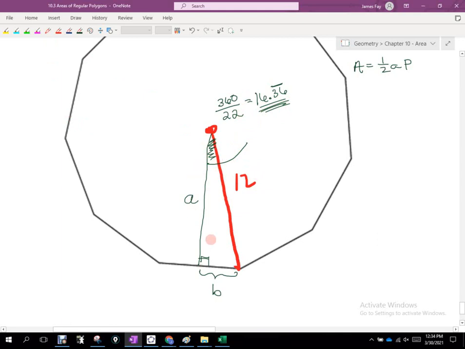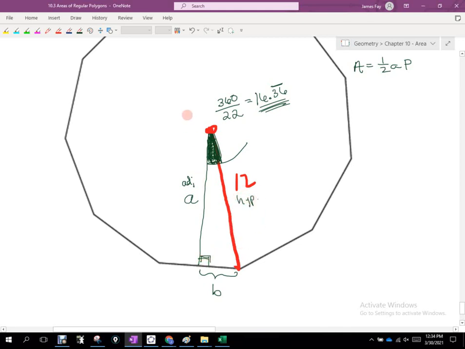How can I find, let's just say, A? What side is A in comparison to this green angle here? That's going to be the adjacent. 12 is the one that's across from the right angle, so 12 has to be the hypotenuse.